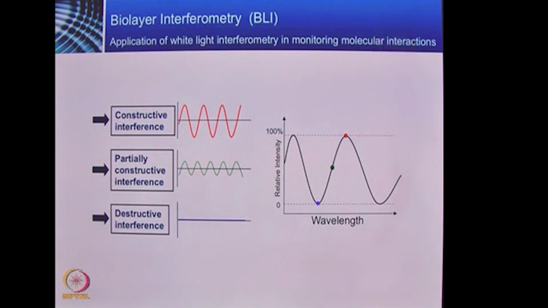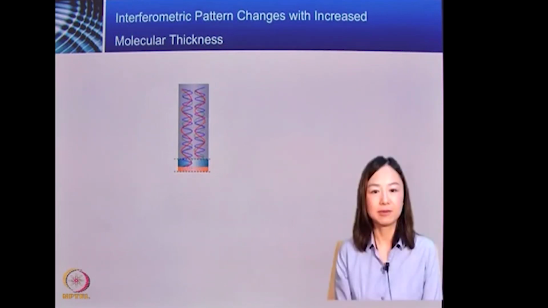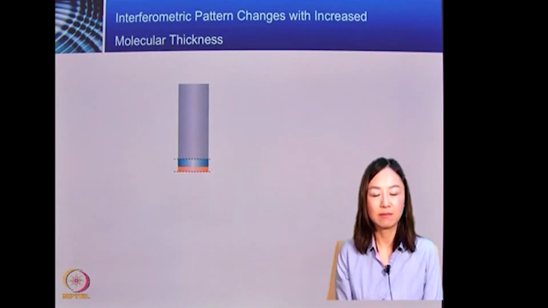When an interaction happens, the molecule will bind to the end of the biosensor. As a result, we see the second reflection surface move down, and this increases the distance between the two reflection surfaces.